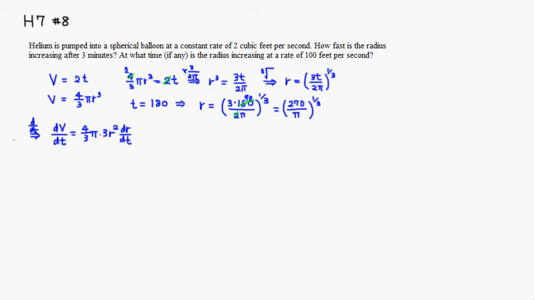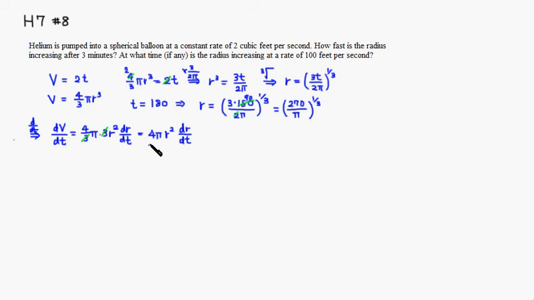Then clean that up a little bit: the 3 here and the 3 on the bottom cancel out, so you get 4 pi r squared dr over dt.